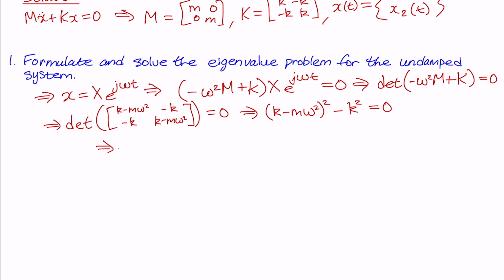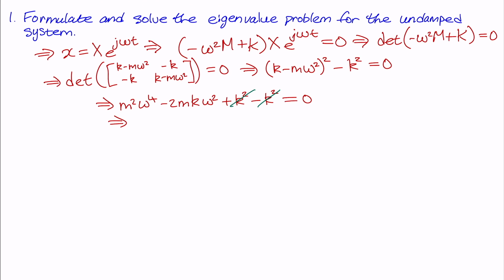Expanding this, we will get m squared omega to the fourth minus 2mk omega squared plus k squared minus k squared equal to 0. And then we'll eliminate the k squared terms, leaving us with m squared omega to the fourth minus 2mk omega squared equal to 0.